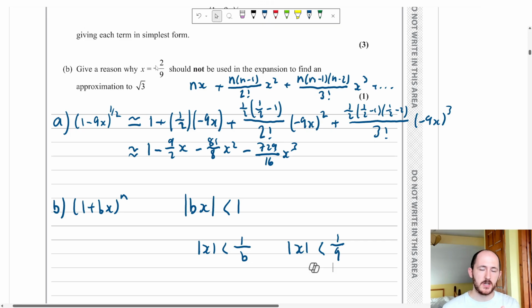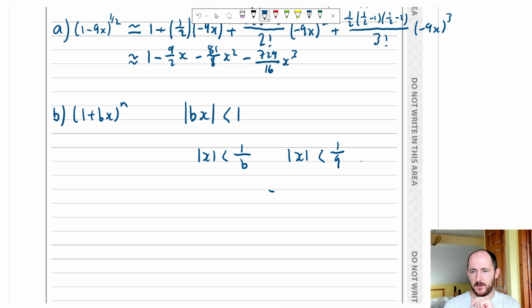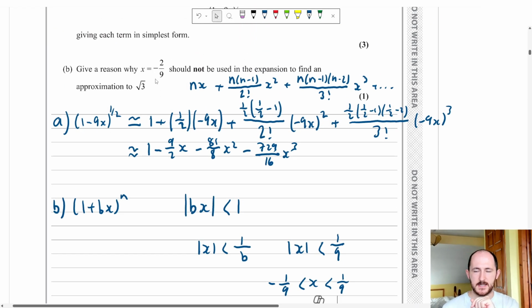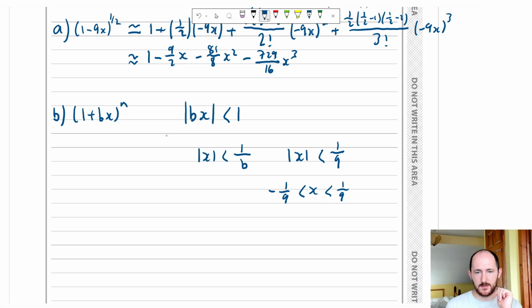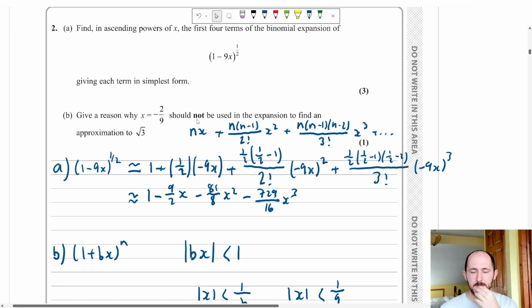Which if you look, 2 over 9, so if I write out this full expression here, that's minus 1 over 9 less than x less than 1 over 9. Since this is minus 2 over 9, it's outside the range. Minus 2 over 9, outside range. Therefore, invalid.